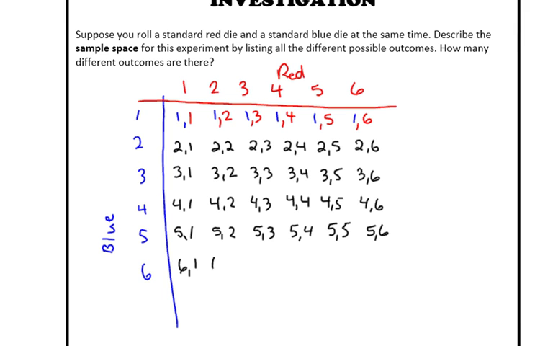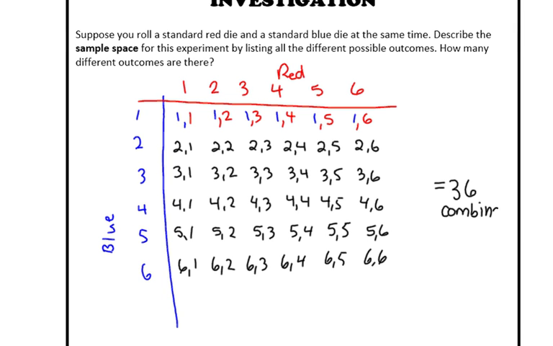And last. So how many total combinations do we have here? 36. There's 36 total combinations.